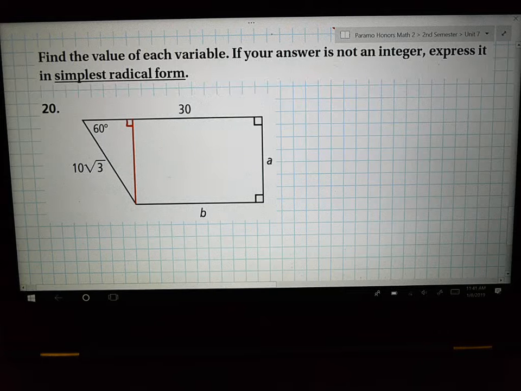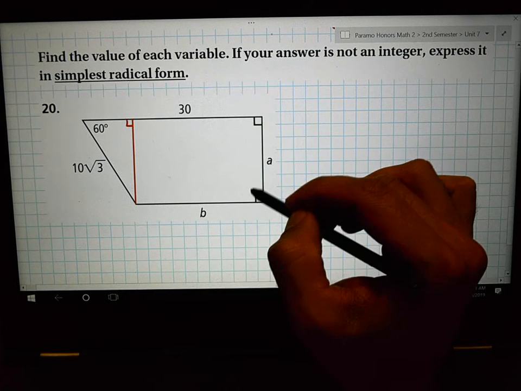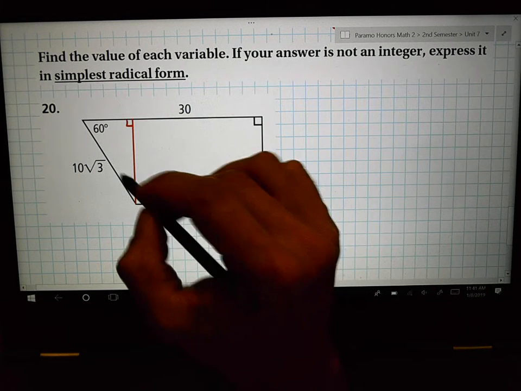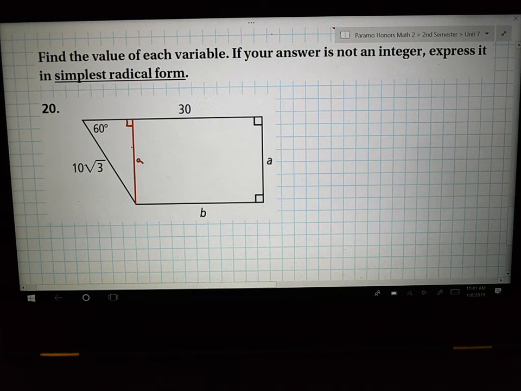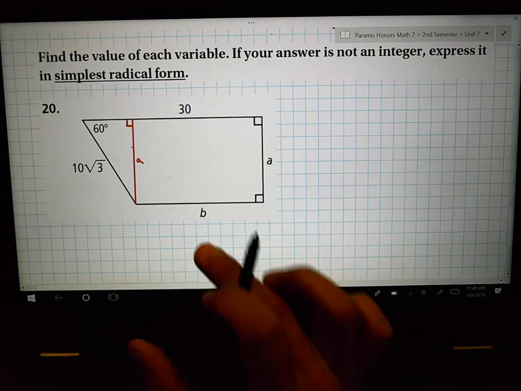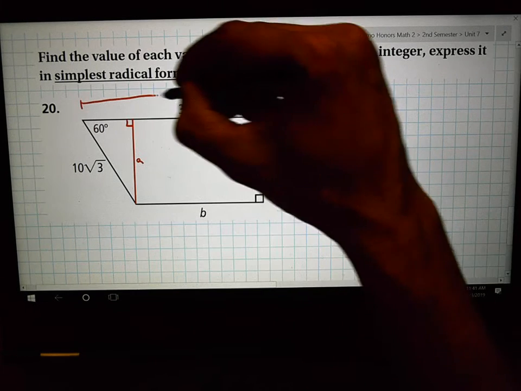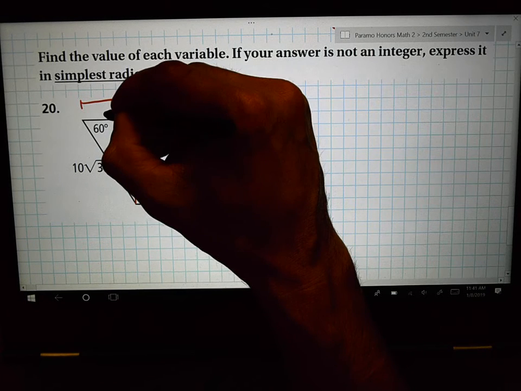Then I would know that whatever this side is, since this is 90 and this is 90 and that's 90 and that's 90, I would have a rectangle, and then I would know that this distance from here to here that I just constructed would be the same thing as A. B is not the same thing as 30, because 30 is from here all the way to there. But I could figure out what this other little side is.